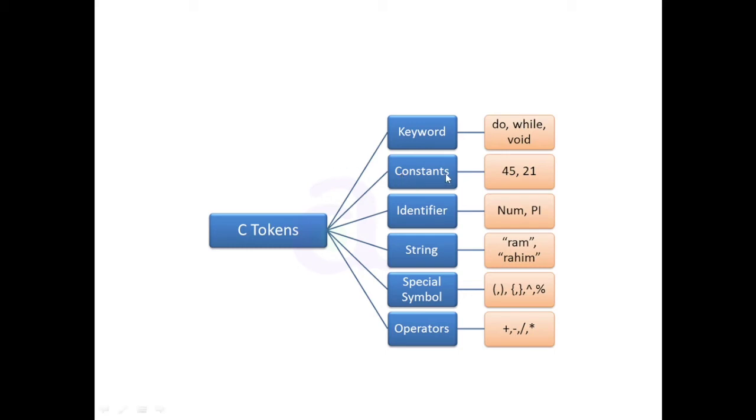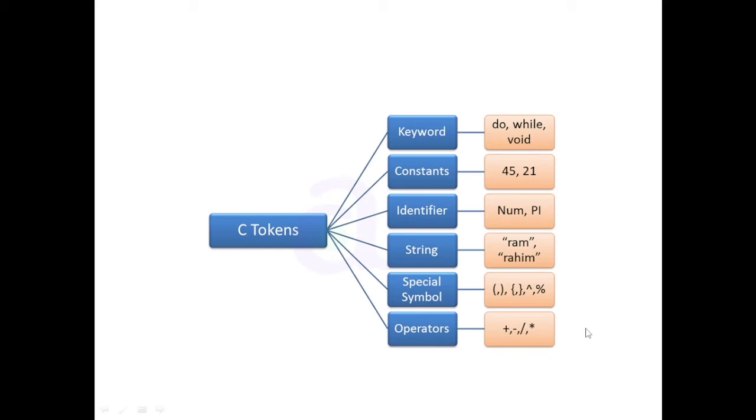Constants means the value doesn't change at all. Identifier means variable; we are setting up a variable with a data type assigned to it.